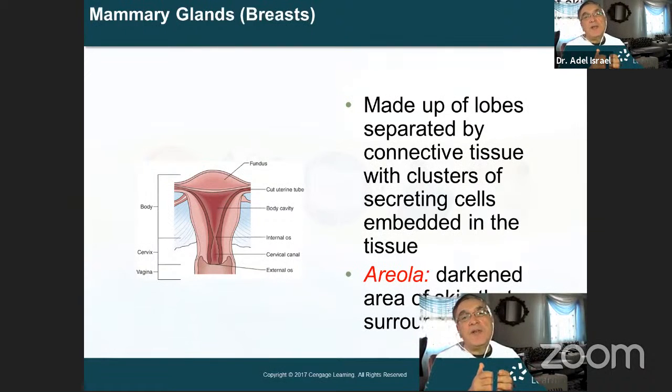The areola changes its color from pinkish to dark in pregnancy. Sometimes it comes back to pinkish, and sometimes it stays dark, or darker than the rest of the skin of the breast, all life.